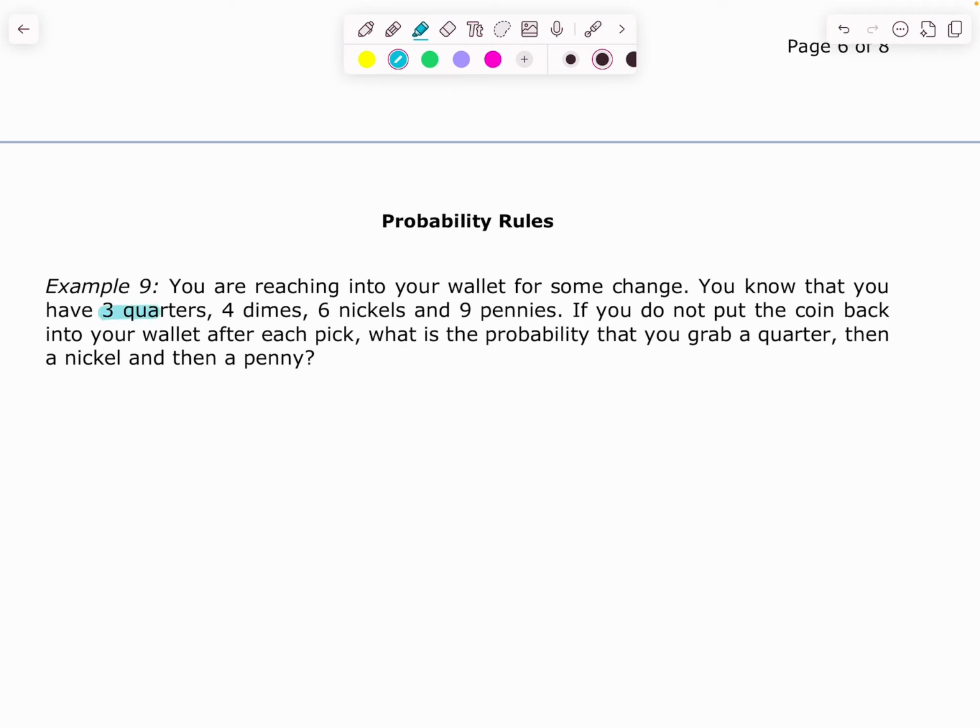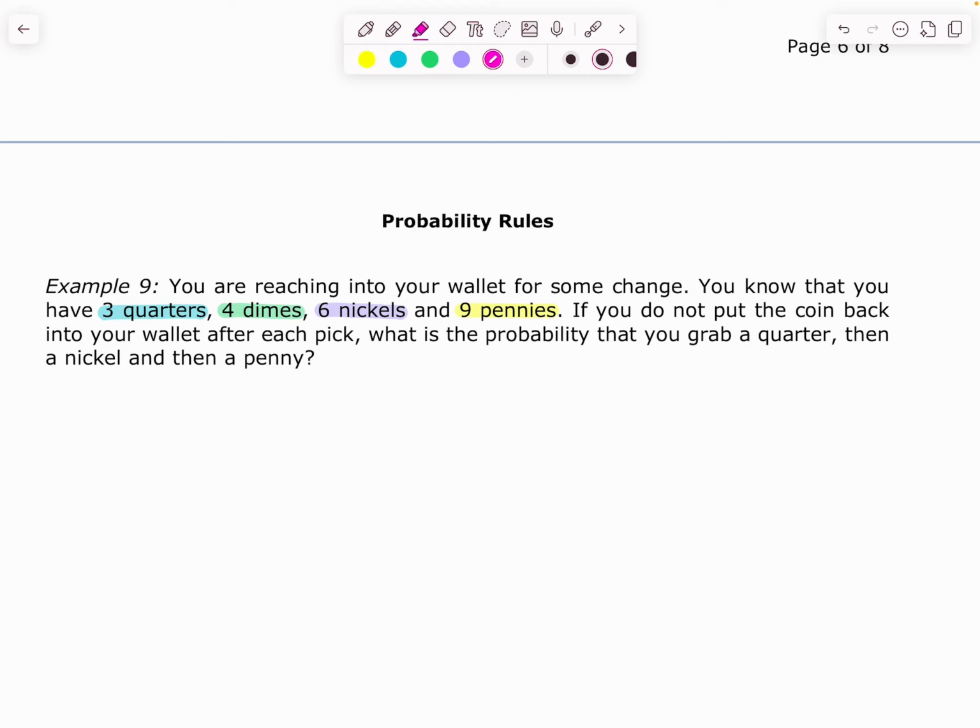Let's highlight those. 3 quarters, 4 dimes, 6 nickels, and 9 pennies. If you do not put the coin back into your wallet after each pick, what is the probability that you grab a quarter, then a nickel, and then a penny?